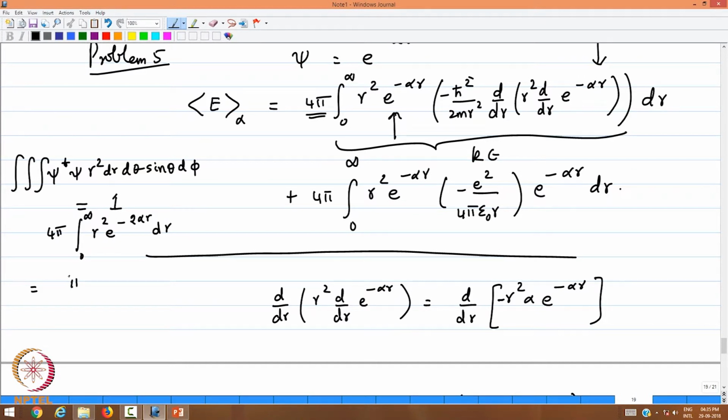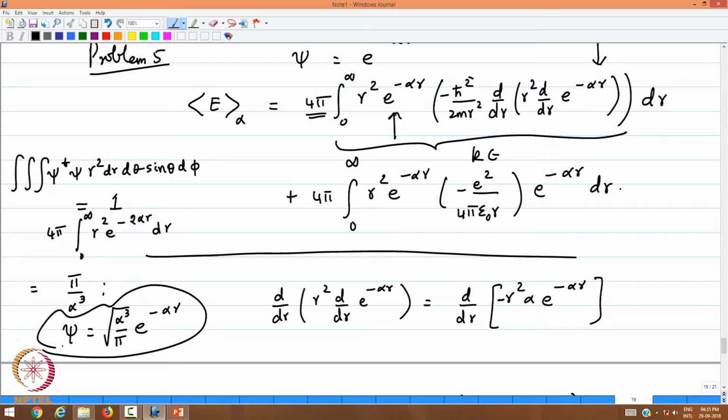Therefore, the answer you will get is pi over alpha cube. Therefore, psi is square root of alpha cube by pi e to the minus alpha r. This is to be used in your calculation.